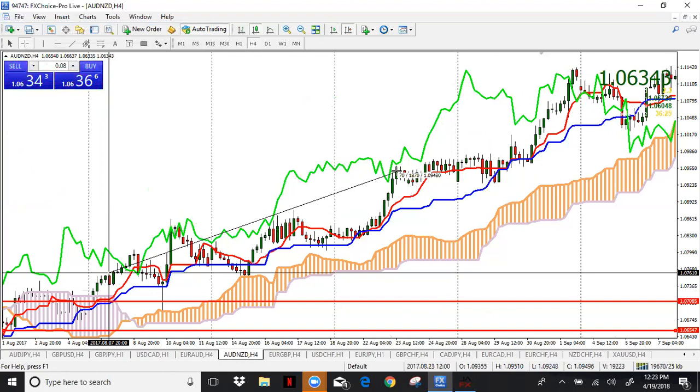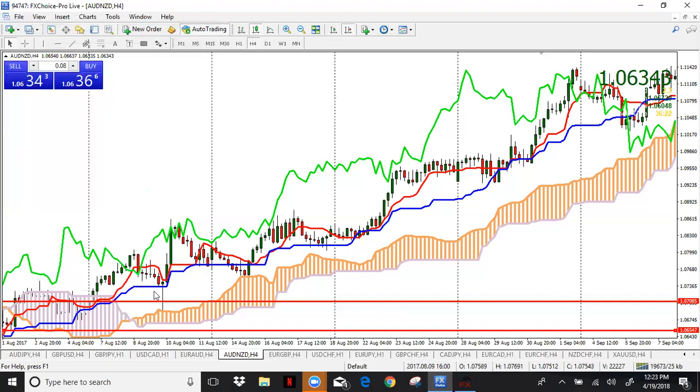Even when you jumped in, that purple line would have been your stop loss, right? If you jumped in right there, the cloud. Oh yeah, you can do the cloud, whichever you want to do. So far when I'm doing 10 pips, I haven't needed it; 25 pip stop loss is what I've been doing, and I haven't reached it yet.